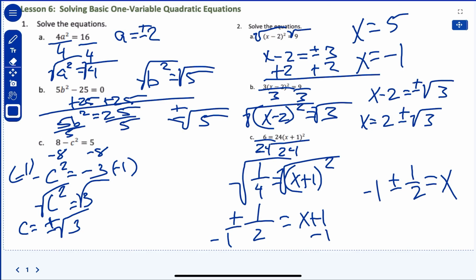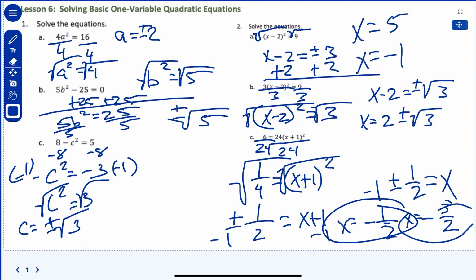Sure. What's -1 plus 1/2? -1/2. What's -1 minus 1/2? -3/2. Notice that you're getting 2 answers for each of these. Why? Why are you getting 2 answers for each of these?